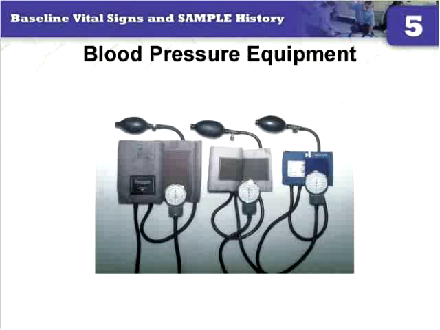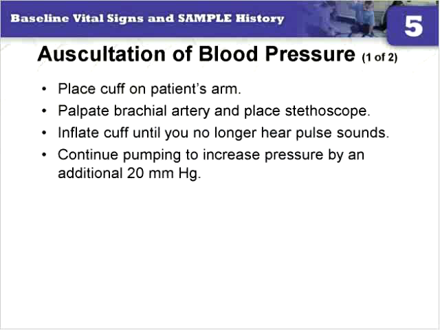Obtaining blood pressure, we use a sphygmomanometer. Here's an example of the pediatric, the regular, and the extra large. We have the pressure gauge and the bulb. They all have to be working properly. To auscultate a blood pressure, place the cuff on the patient's arm. You want to make sure that cuff is snug. If it's loose, it's going to give an inaccurate reading.